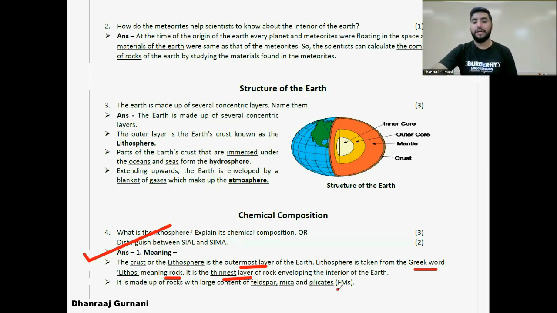We have given a short form, FMS: feldspar, mica, and silicates. So revising these points, it is the outermost layer. Lithos is from the Greek word meaning rock. It is the thinnest layer, and this rock content is made up of feldspar, mica, and silicates.